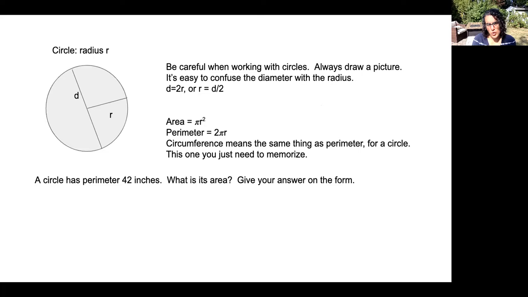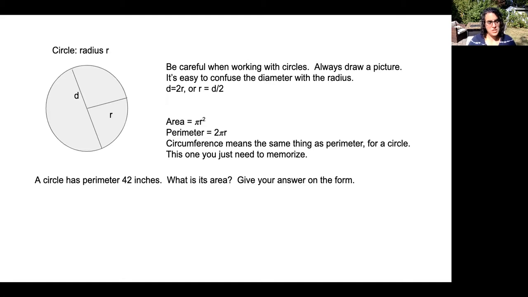Let's move on to another shape, the circle. The fundamental measurement for the circle is its radius. The radius is what we call R. Now be careful, because when you're given problems that start out in the real world that involve circles, you're more likely to be given the diameter than the radius. Say I was talking about a bike tire.